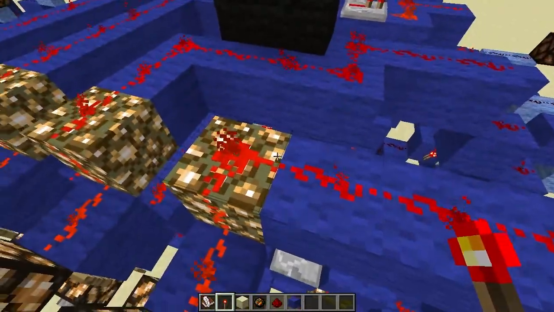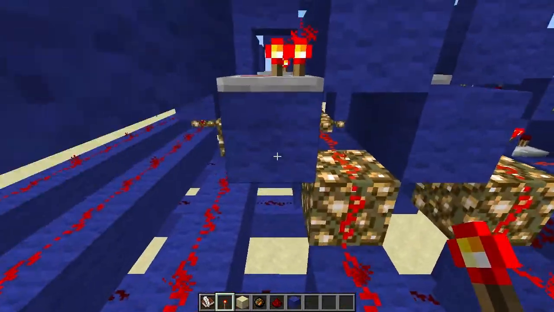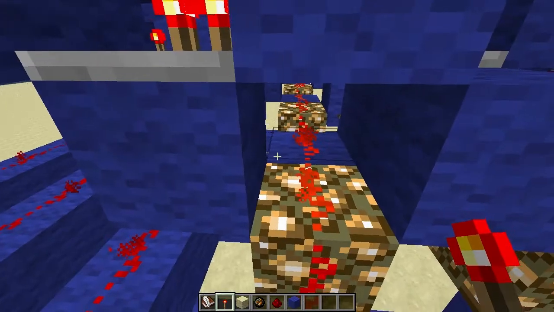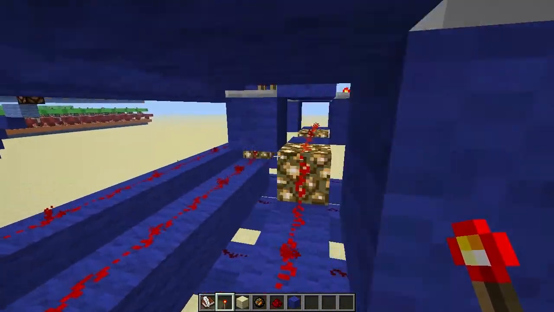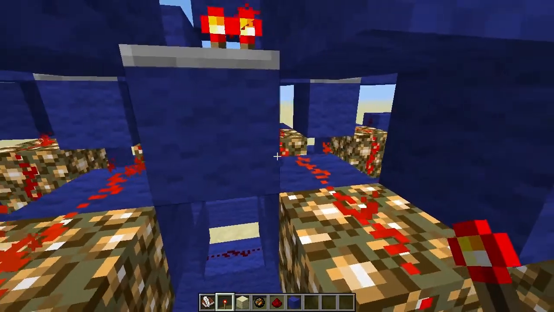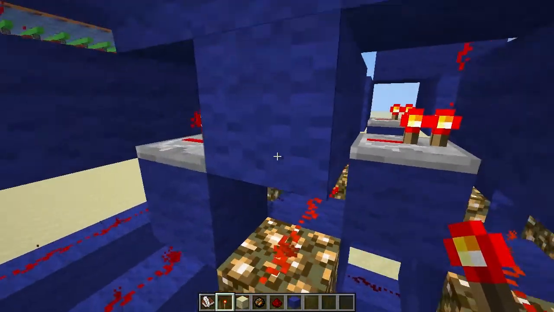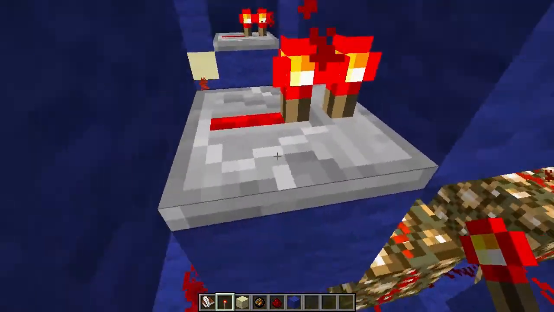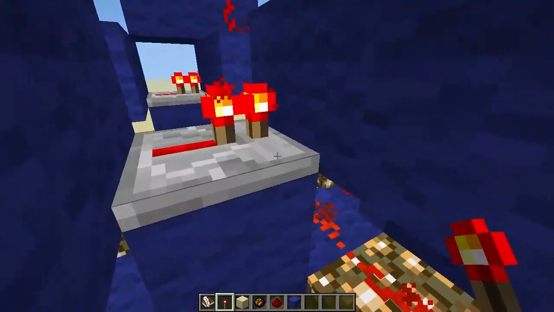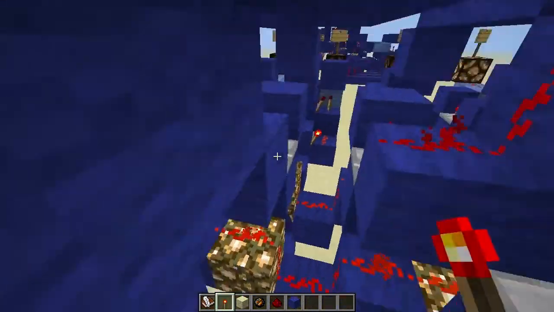So if we look at these lines here, they all have OR gates above glowstone or above blue wool blocks. This happens because they need to be alternated left and right, so they won't actually feed into each other.